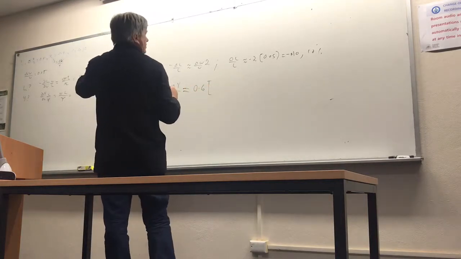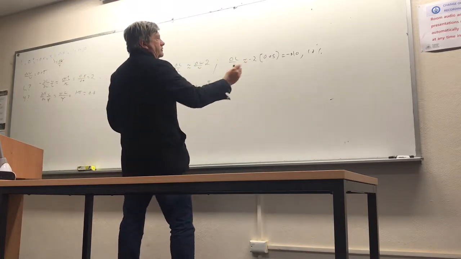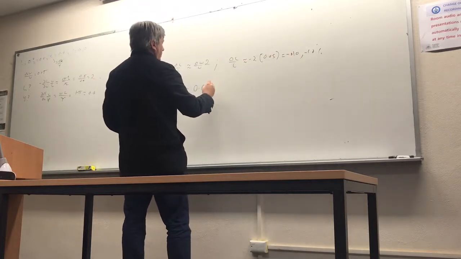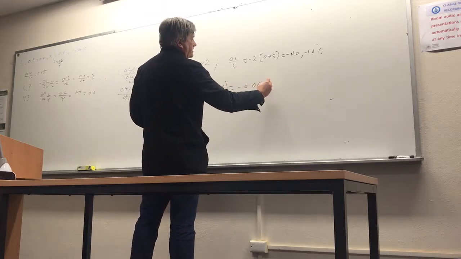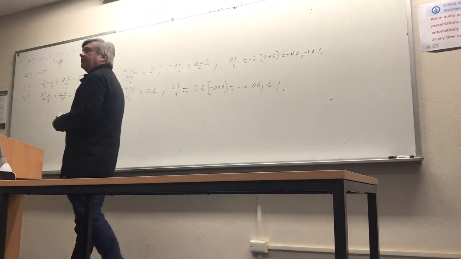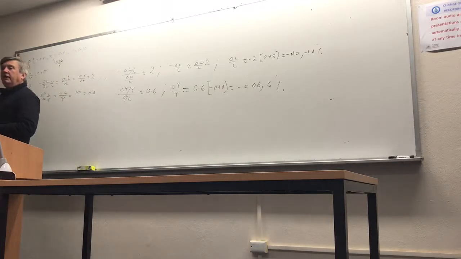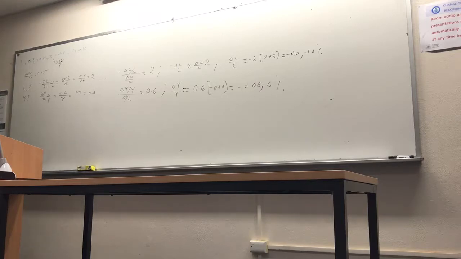We figured out the change in labour: it was minus 0.10, which gives minus 0.06, or if you like, 6%. So output falls by 6%. It's not surprising that output falls, employment has fallen. But we can be more precise: output has fallen by 6%.